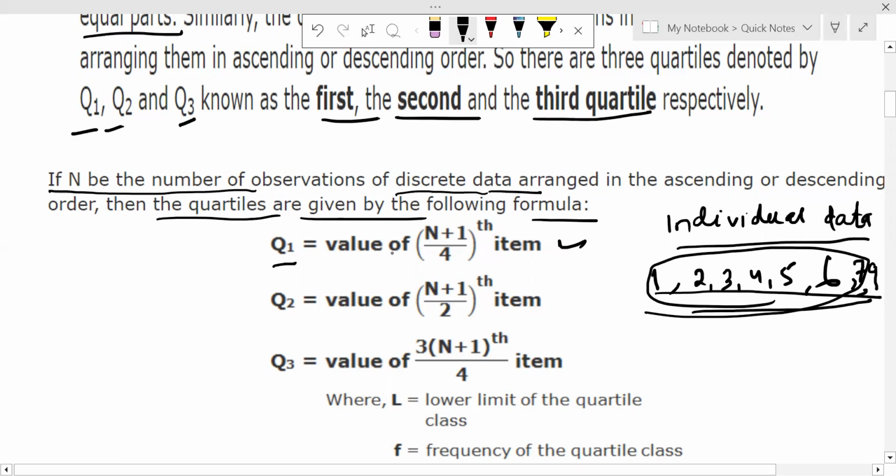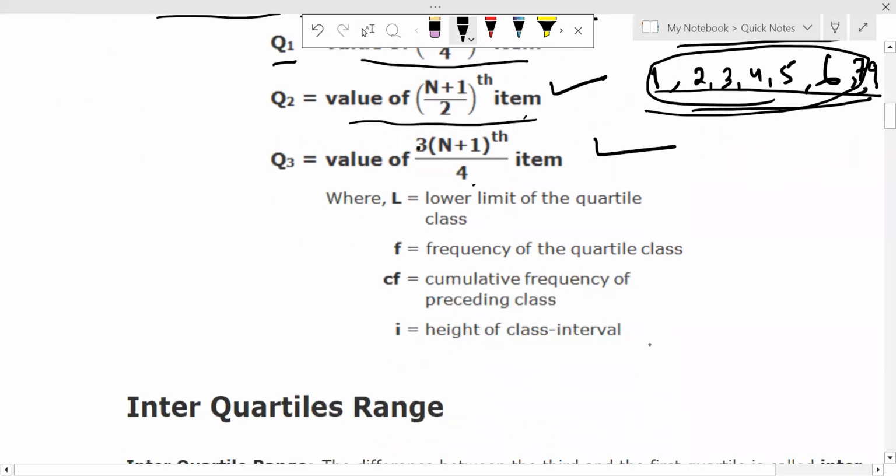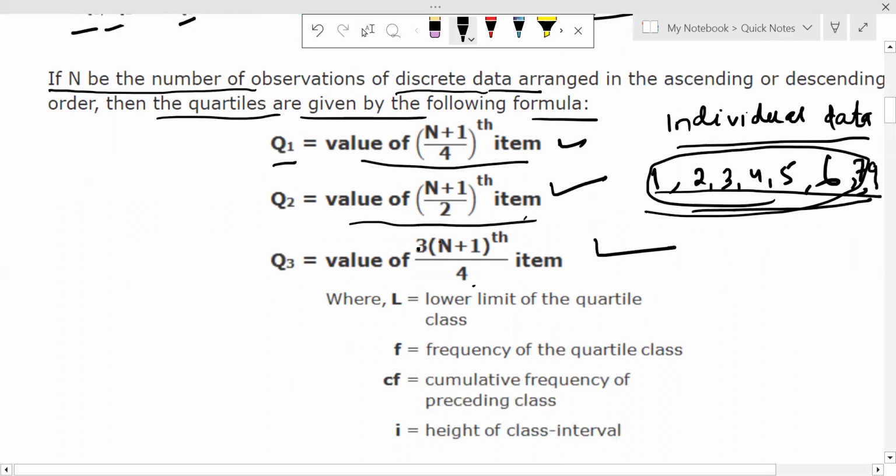Then the (n plus 1) by 4th item is called the Q1 observation, and the (n plus 1) by 2nd item is the Q2 value. And Q3 is the 3 into (n plus 1) by 4th item. This is the process to evaluate Q1, Q2 and Q3 using these formulas and compute the result. Here L represents the lower class limit of the quartile.